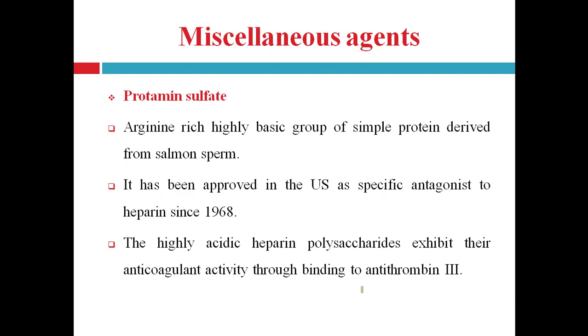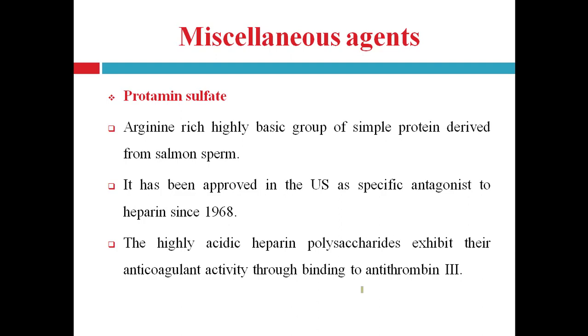As we know, heparin is an anticoagulant. So protamine is an antagonist of heparin. It inhibits the action of heparin, so ultimately it inhibits anticoagulation and favors the coagulation process.